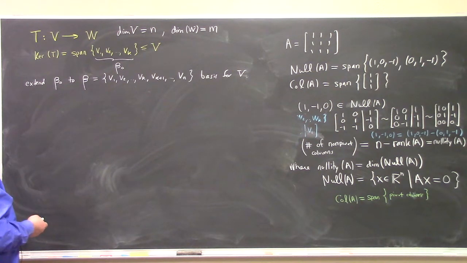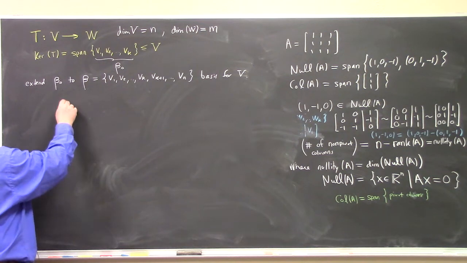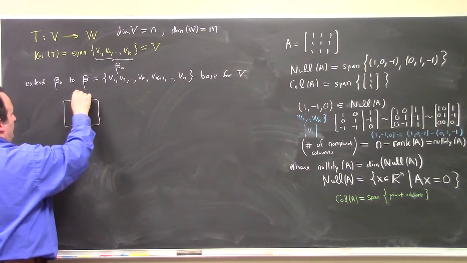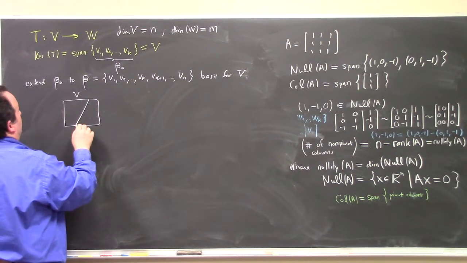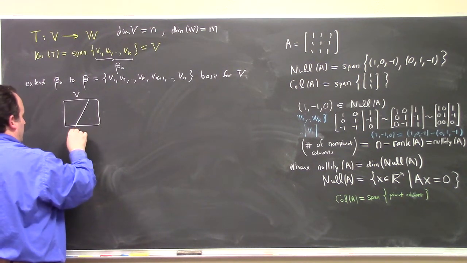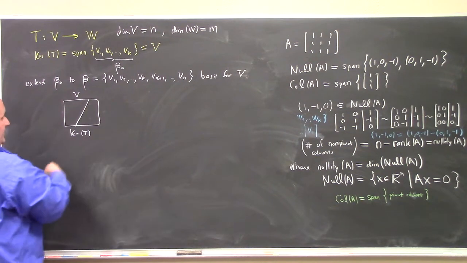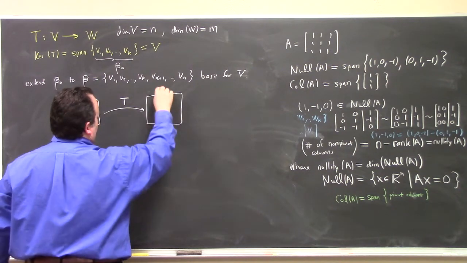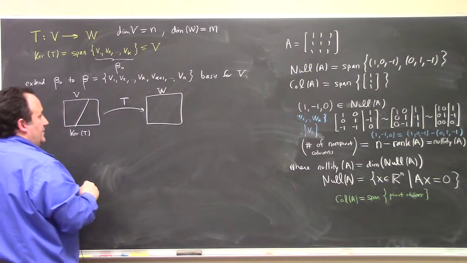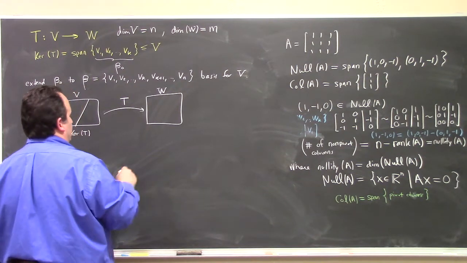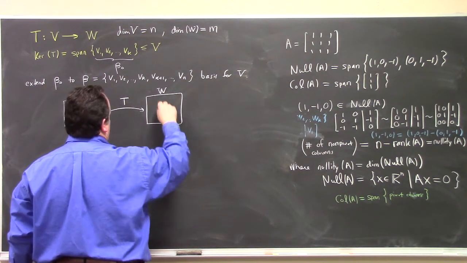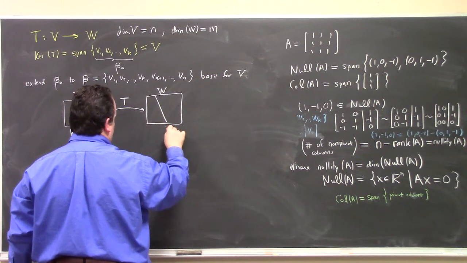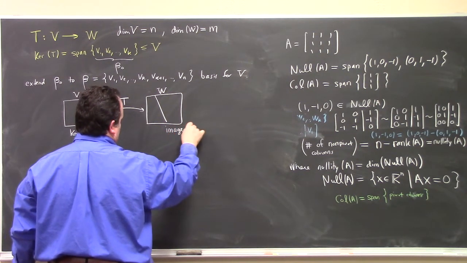Let's see here. Let me draw a picture. Here's V, and the kernel of T is a subspace of that. Then over here, T maps over to W, and in W you have something called the image of T. What would that be?